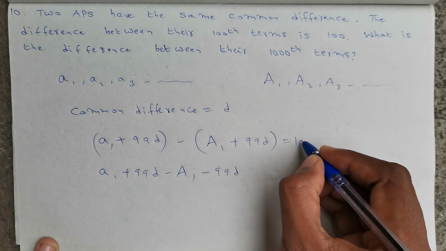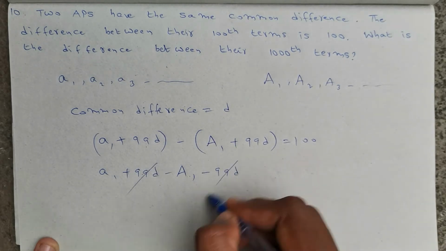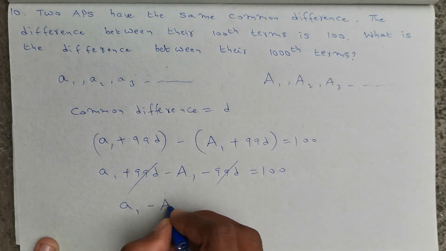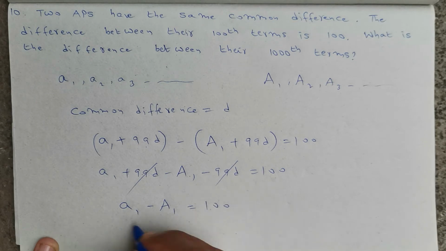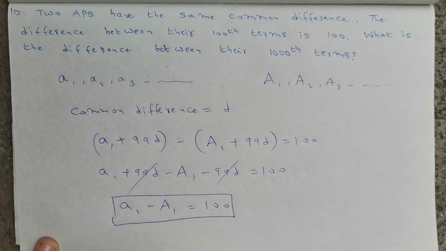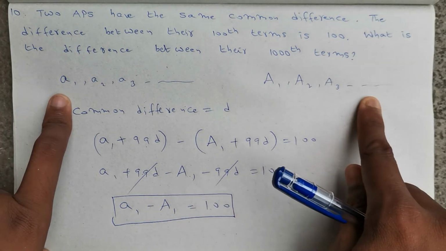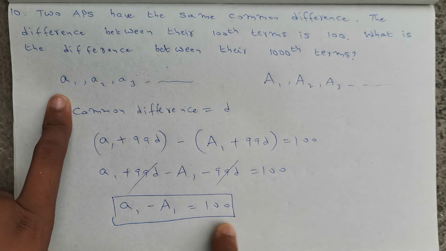He gave this is equals to 100. Here plus 99d minus 99d cancel, which is equals to 100. So we will get a1 minus A1 is equals to 100. It means first term of the first AP minus first term of the second AP is equals to 100.